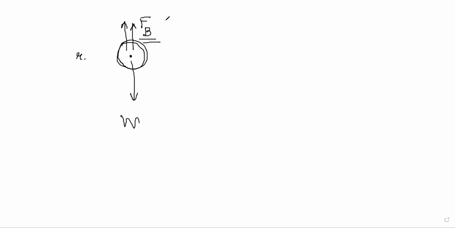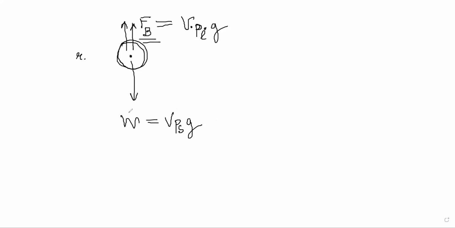It is the weight of fluid displaced, so your volume into rho of the fluid into G. And the weight is actually V into rho of solid into G, right?